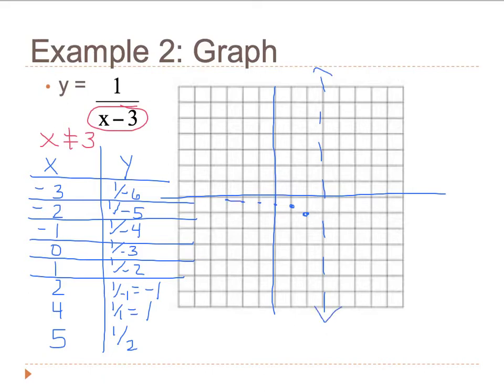And so what you can see maybe is happening here is this is getting closer and closer to the x-axis, and then if we continue to, let's say that I did like 2.5, I'd get closer and closer to 3, but I'd never actually get to 3. And then we have the point 4, 1, and then 5, 1/2, and if we actually kept going, the same sort of thing would happen here. It's kind of a neat little graph of a rational function.